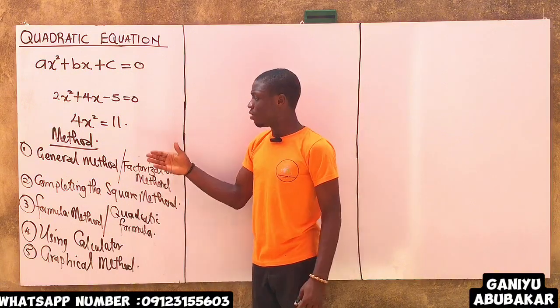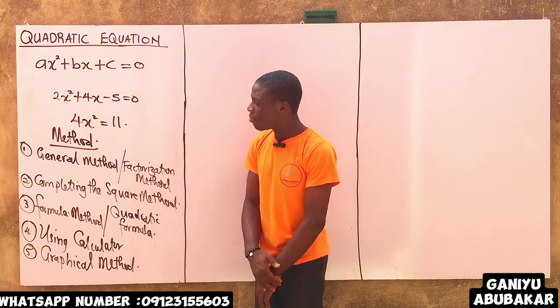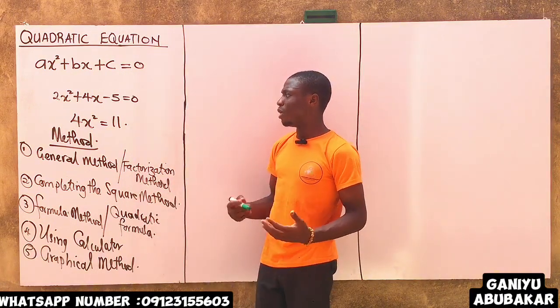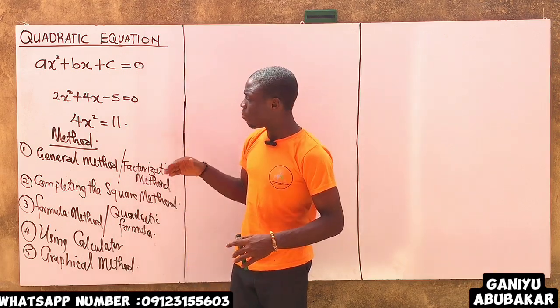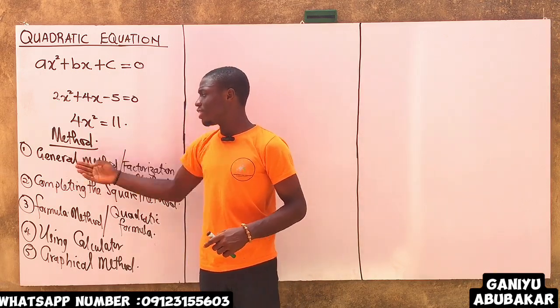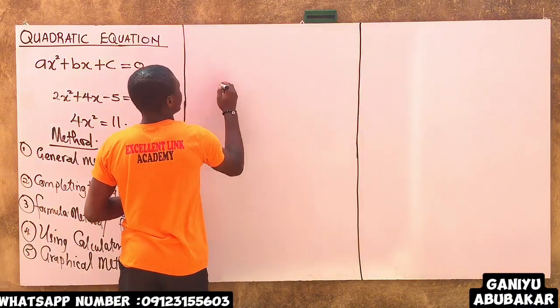All right, these are the five basic methods of solving problems under quadratic equation. Let's take them one after the other. Let's start with the first one, called the general method.